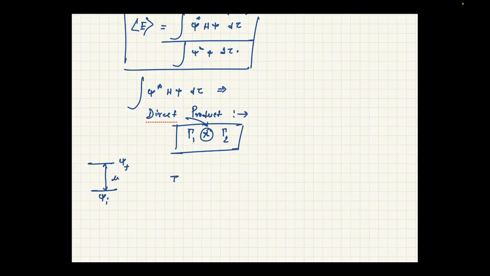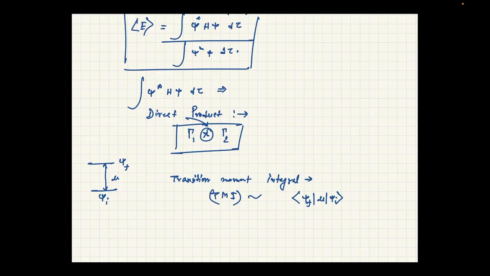Now these two states are connected by the dipole moment, let's say. The transition moment integral, in short TMI, is related to psi f mu psi i, mod square. This is the transition moment integral, and its mod square will be the intensity.